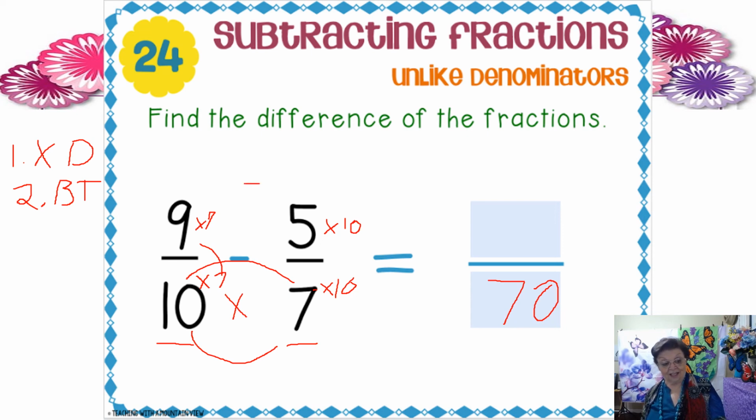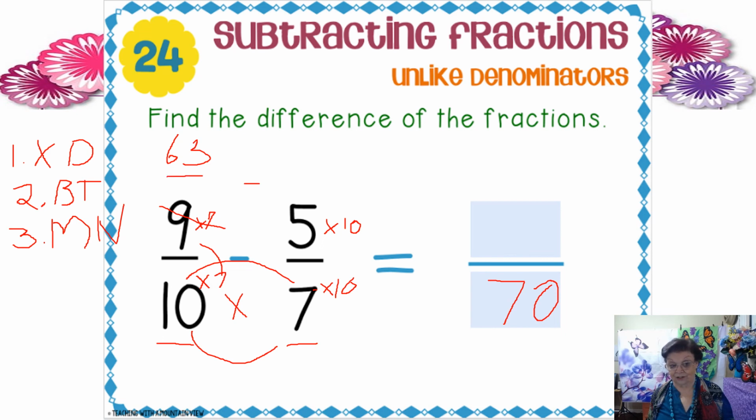Okay, step 3, multiply your numerators. 9 times 7. I'm going to use my fingers. 1, 2, 3, 4, 5, 6, 7. 63. 9 times 7 is 63. And I'm going to cross that out because that's our new numerator. 5 times 10.